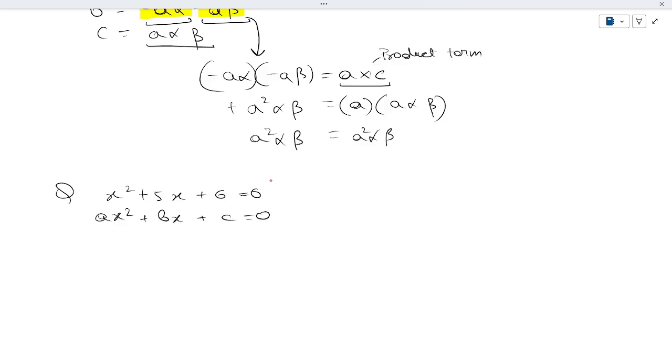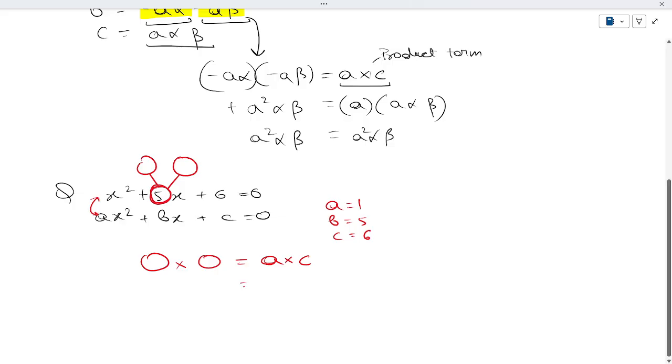So, here you know that this b, the coefficient of x, breaks into two parts, and the multiplication of those two parts will be equal to a into c. Here a is 1, b is 5, and c is 6 by comparing with the standard form, right? So what is a into c? a into c is 6, and we call this a into c the product term.